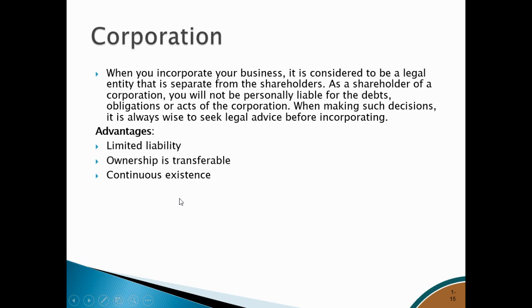Continuous existence: there are companies lasting for hundreds of years, even though the owner is not there. For example, Steve Jobs, the founder of Apple, is no longer alive, but the company still exists, still doing well. So that's an advantage.